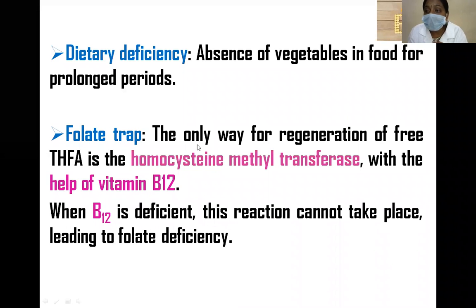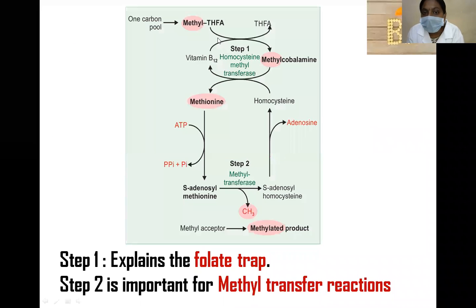There is only one way for regeneration of free tetrahydrofolic acid, in the presence of homocysteine methyltransferase with the help of vitamin B12. Methyl tetrahydrofolic acid must be converted into tetrahydrofolic acid, otherwise it is trapped as methyl tetrahydrofolate.